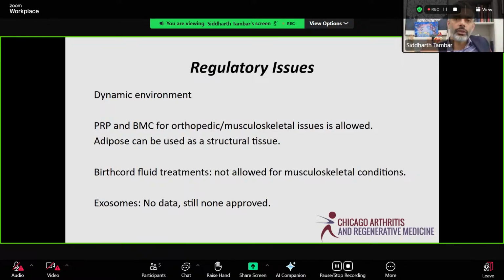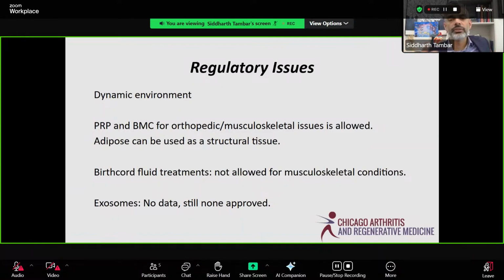That includes using your own cells, using it for orthopedic conditions, and when the cells get drawn from you, they need to be prepped and re-injected the same day without significant manipulation. Adipose or fat can be used for structural issues, but you cannot use some of the other enzymes or chemicals that in the past were used. Birth cord fluid treatments, that includes amniotic and placental cord treatments, are not allowed for musculoskeletal conditions.